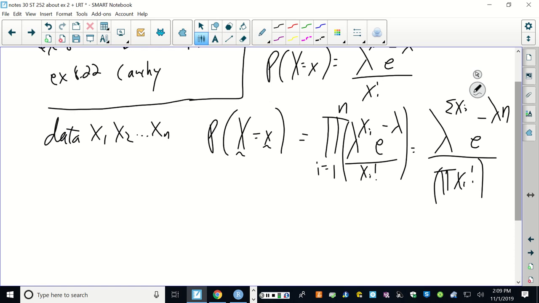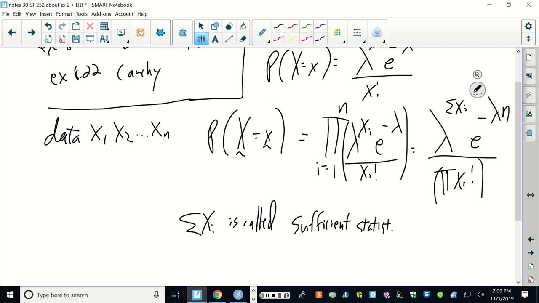We haven't really emphasized that terminology, but the sum of xi is called a sufficient statistic for lambda. It's the sum you need to know to compute the likelihood function, up to a constant, or the log likelihood. So this is the important summary, the sum of the xi's.